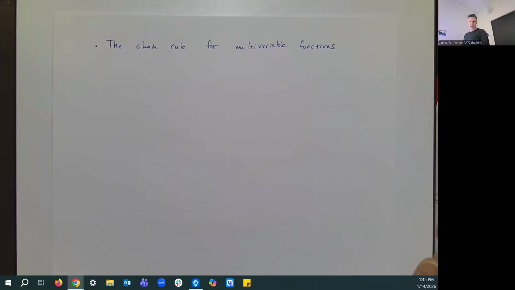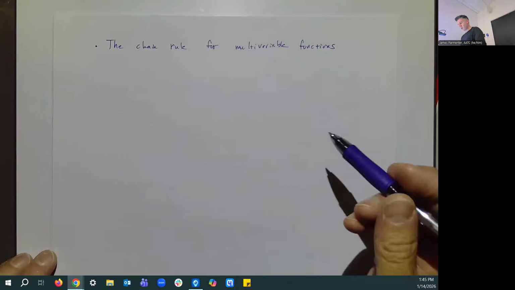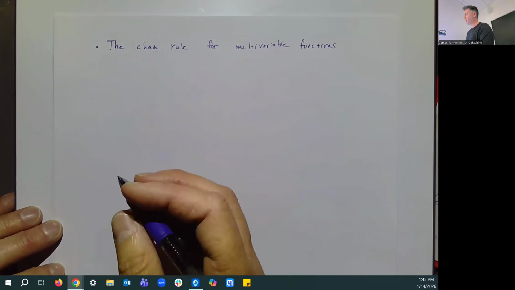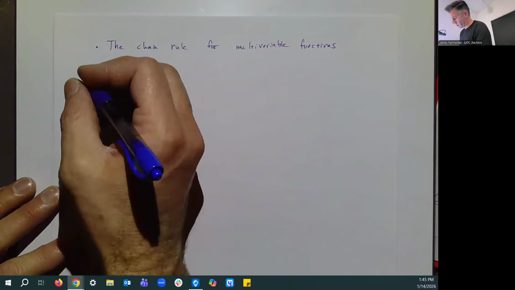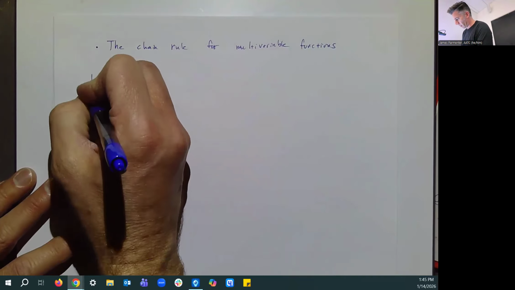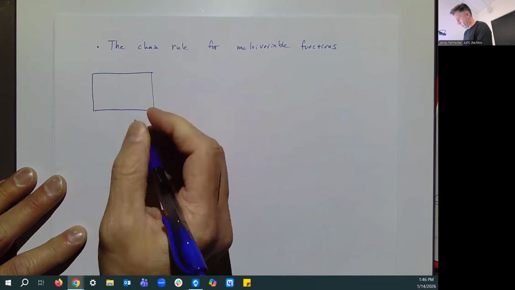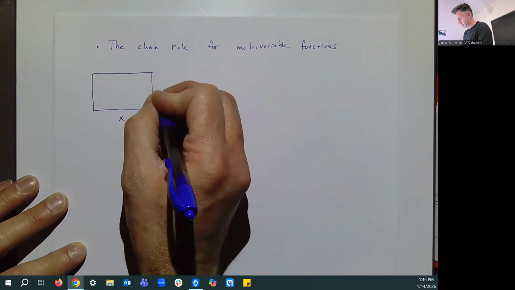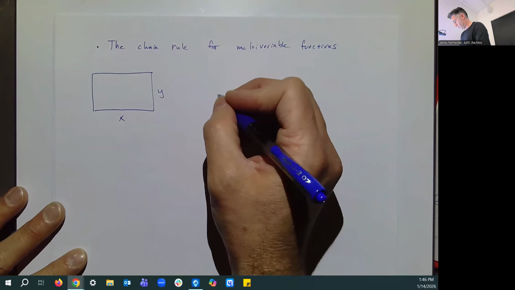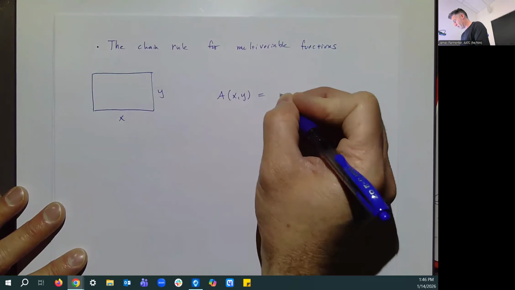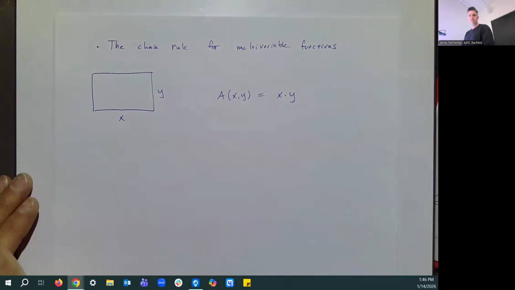So let's change this up. I'm gonna make this real basic. Let's say we've got a rectangle, and this side length is x and this side length is y. And I think you all know that the area as a function of x and y is just x times y. Cool.